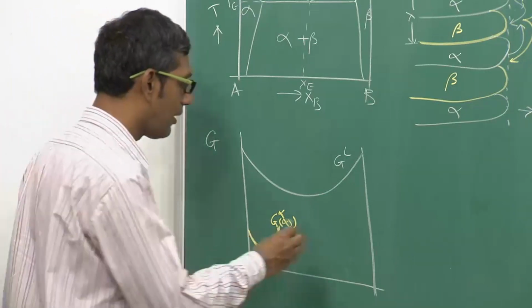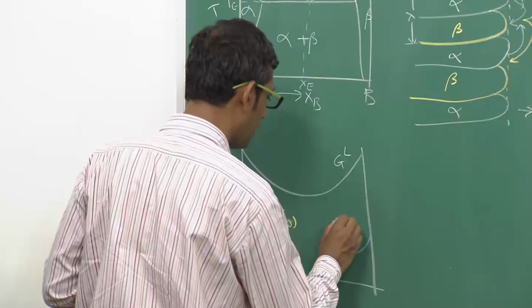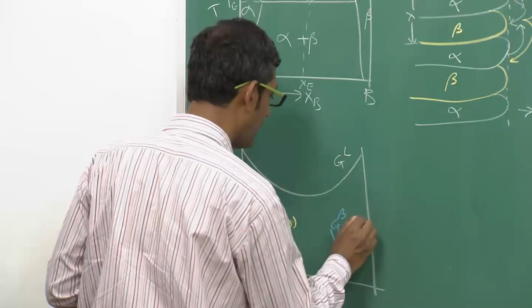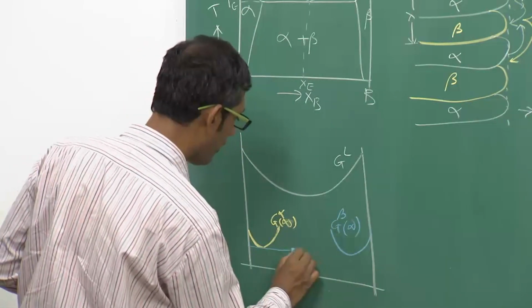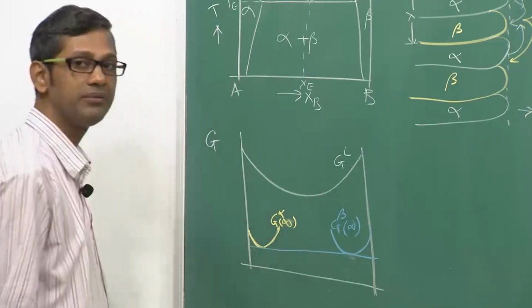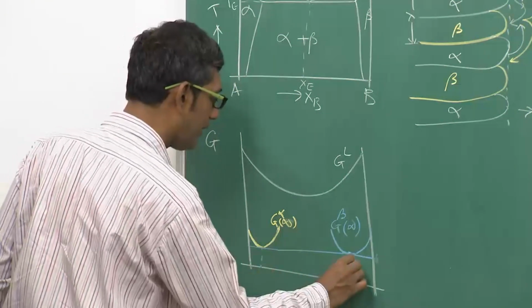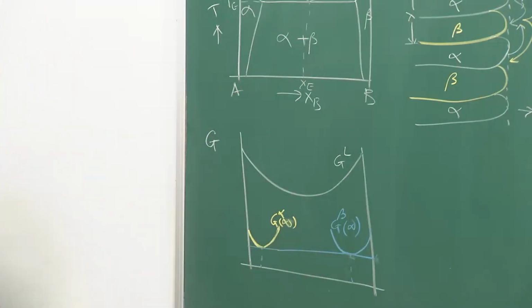So free energy of beta when lambda is infinity is like this, and if I draw a common tangent, that is what gives me the equilibrium compositions of the alpha and the beta when lambda is very large.